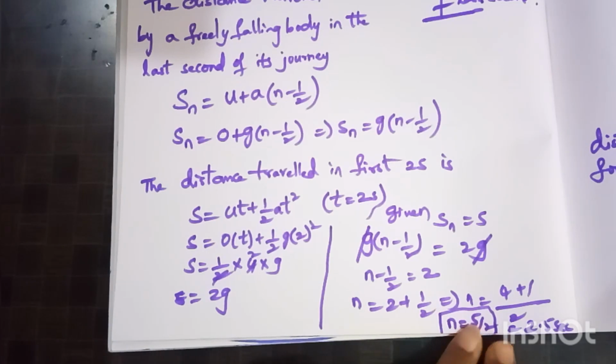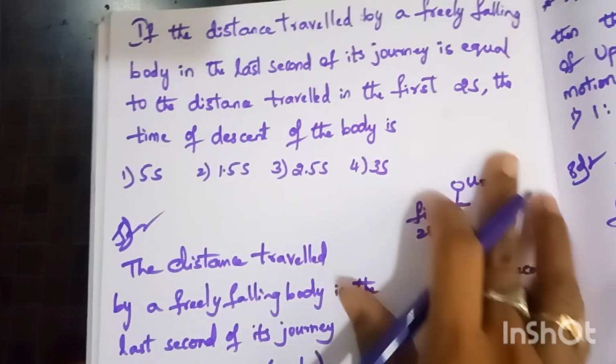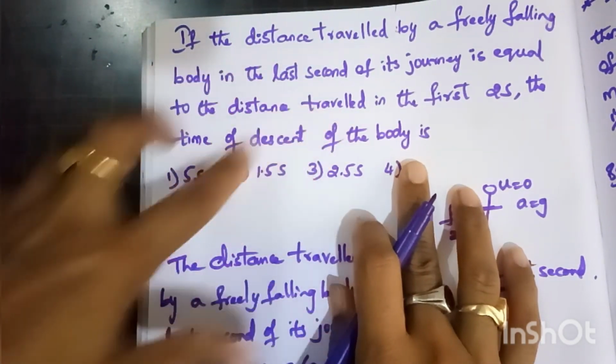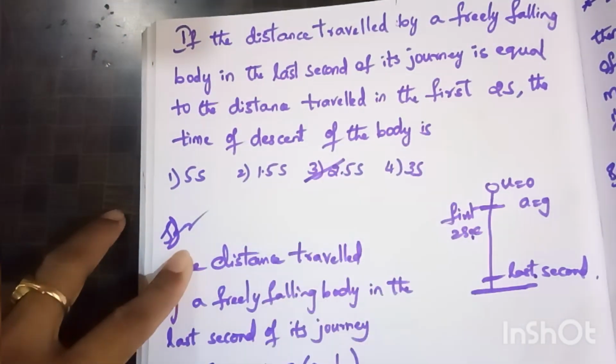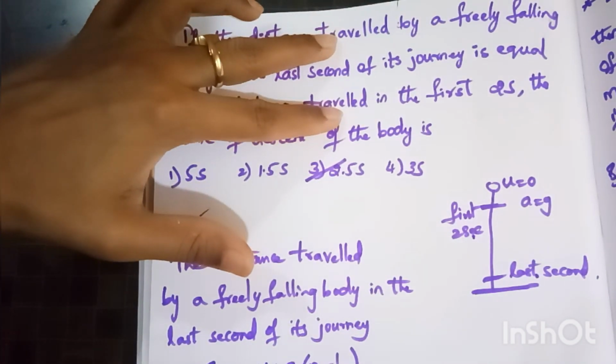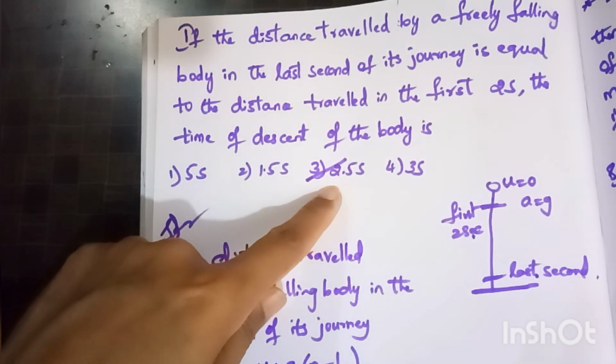As you all know, n represents time here, the time of descent. So the time taken by the body when these two are equal is 2.5 seconds. So the time of descent is 2.5 seconds.